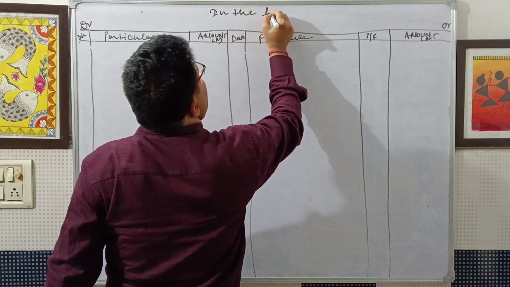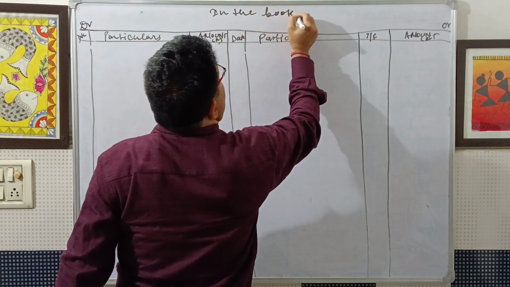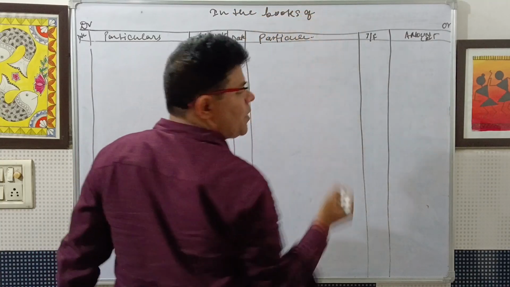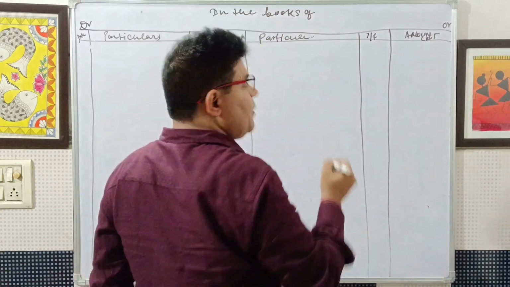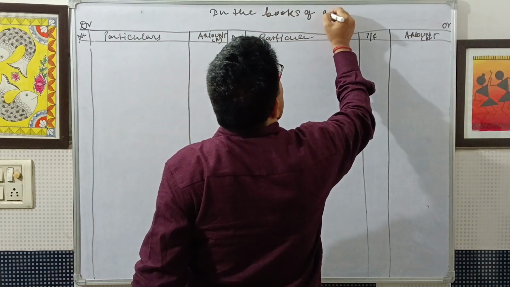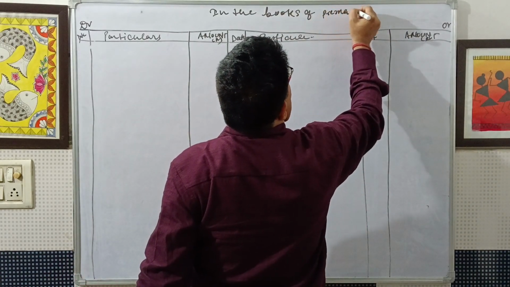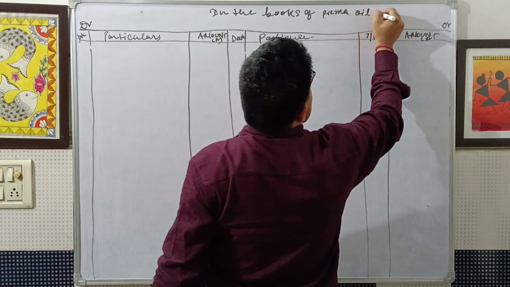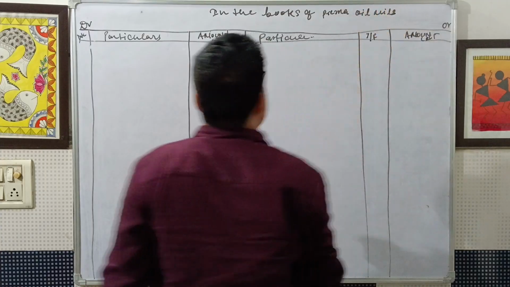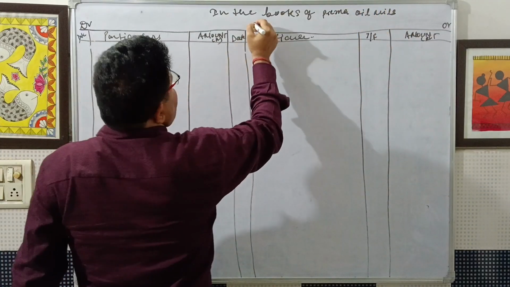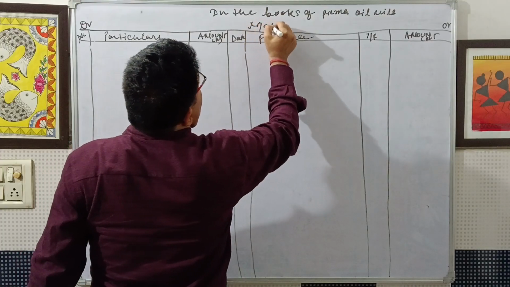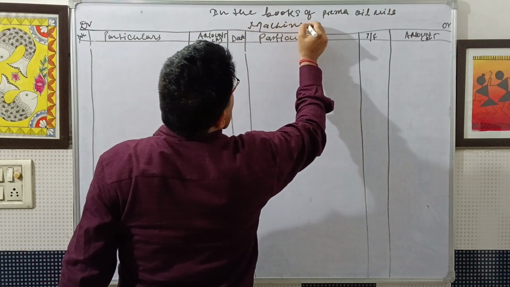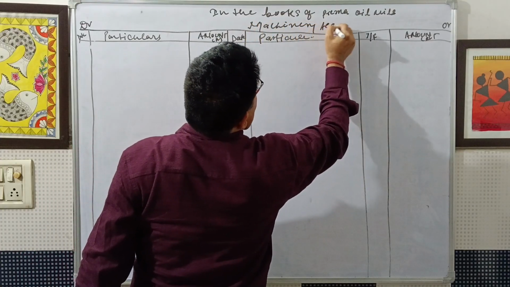In the books of Prema Oil Mills, machinery account.